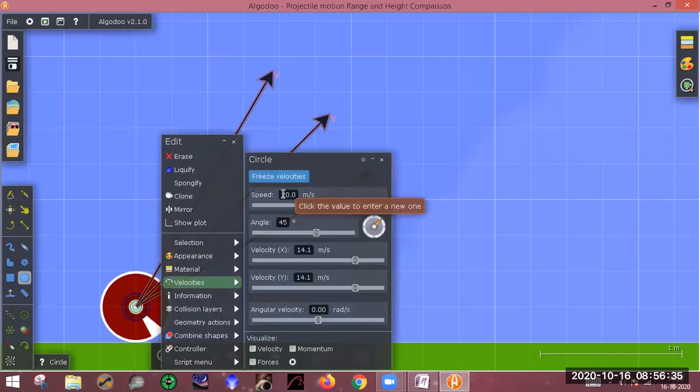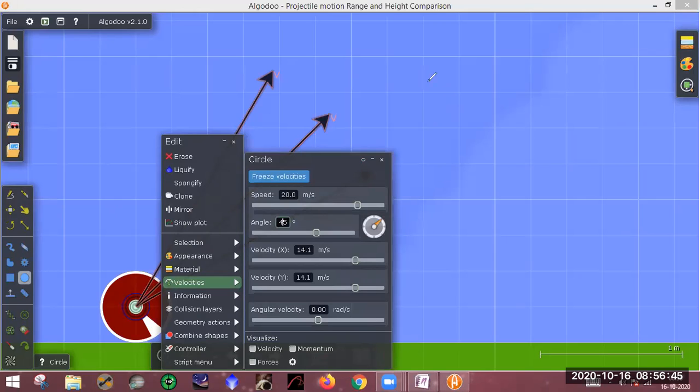Speed is the same for all, right? All the 3 have same speed, but this one has angle 45. So let's write that here as well. The first one had angle 30 degree. The second one has angle 45 degree. Now there's a third one also, which is hiding behind this.